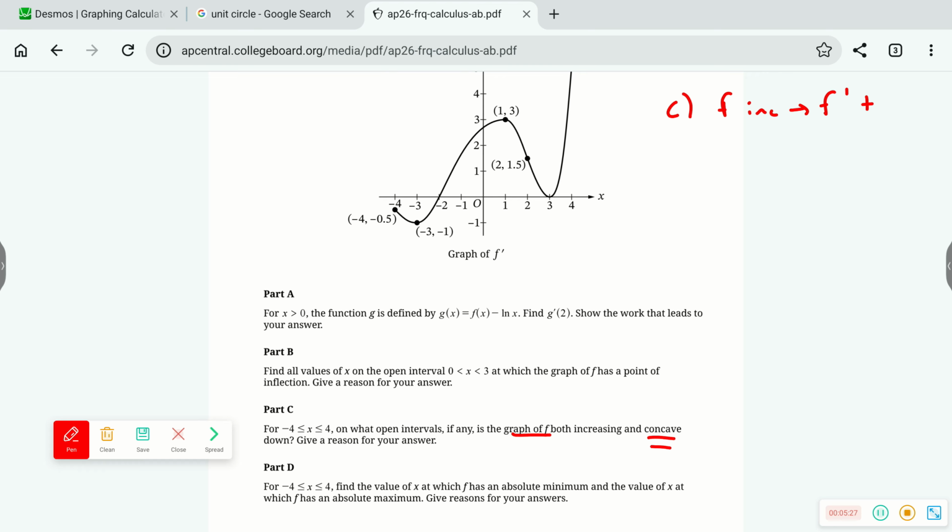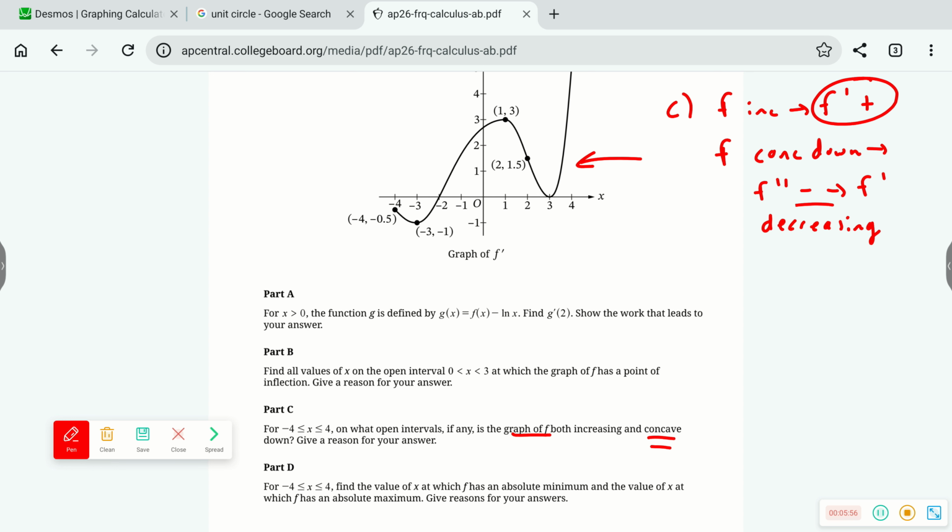Concave down, if f is concave down, that means f double prime is negative, okay, right? Which in turn means f prime is decreasing. That connection from f prime to f double prime is an important one to make. So I'm on the graph that I can actually see, which is f prime, I need to know at what points is it both positive and at the same time decreasing.